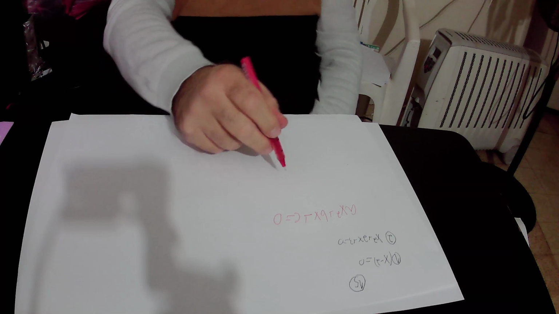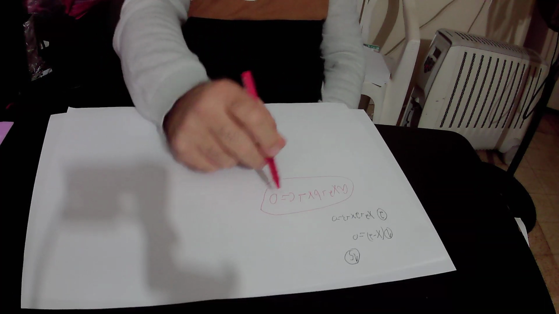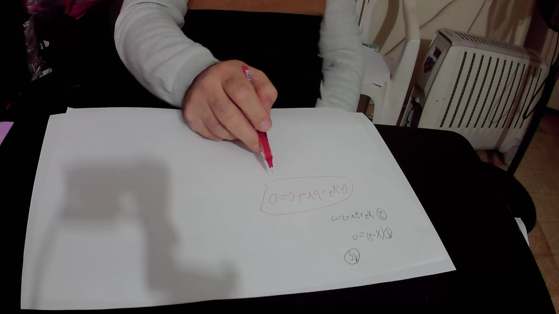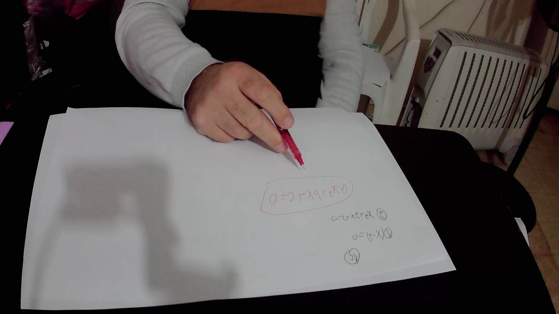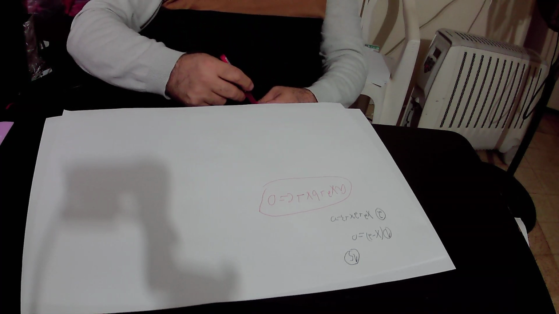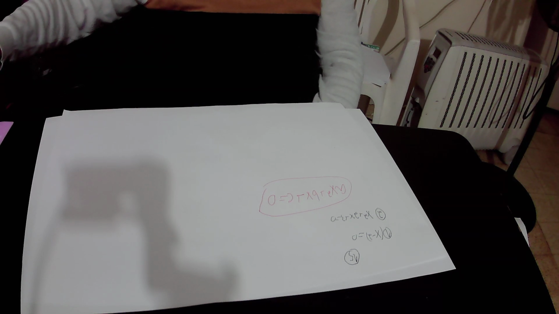Here a, b, and c are the coefficients of this quadratic equation, and x is the variable that we are looking for, and we will find out the value of x according to a special formula.